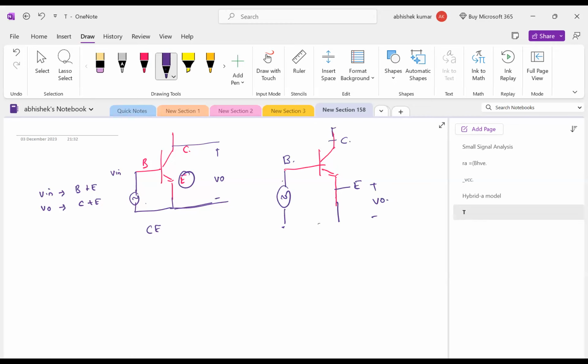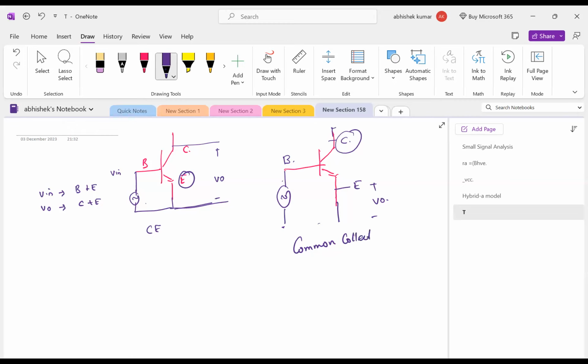So this will be common collector. Wait, common collector, how so? Just simply you can say it, whichever is left out. There are three nodes, right? Base, emitter, collector, and we have two ports, input and output, right or wrong? Yeah. So whichever is left out, that will be the configuration.